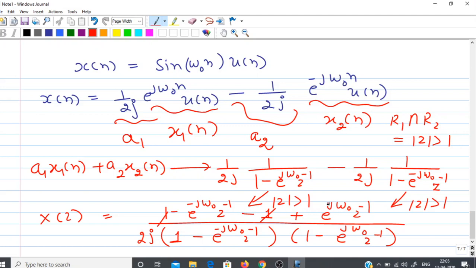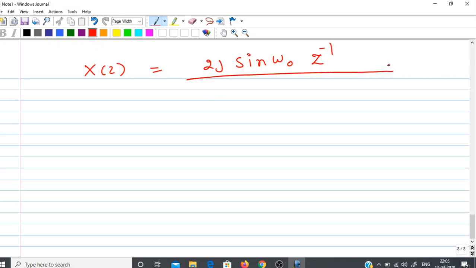When collected in the numerator, you get 2j sine omega naught z inverse. This is the numerator. And the denominator is 2j multiplied by 1 minus 2z inverse cos omega naught plus z to the power minus 2.